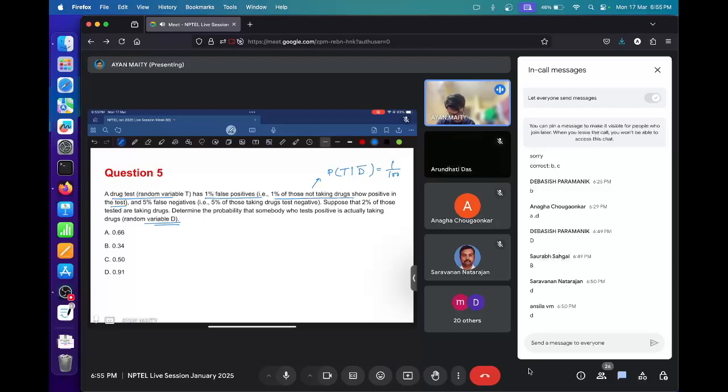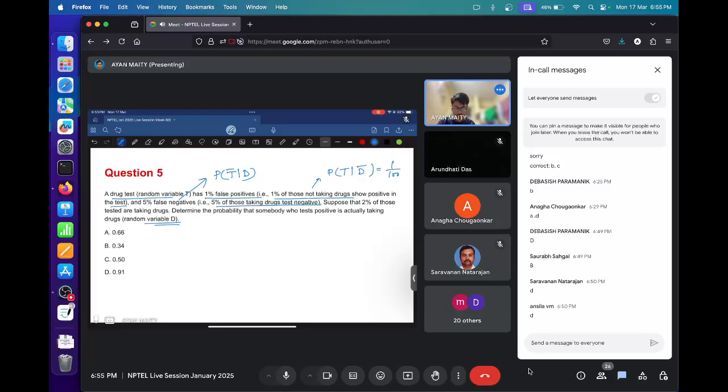And now the second probability is this false negatives. So 5% false negatives means 5% of those taking drugs test negative. So they are taking drugs, but they are showing negative in the test. Given that they are taking the drug, the test shows negative.